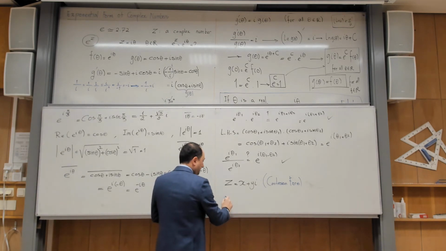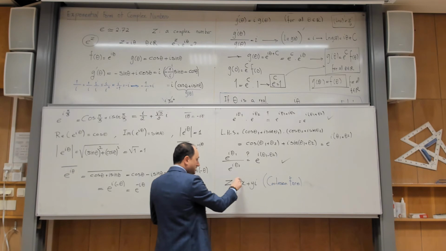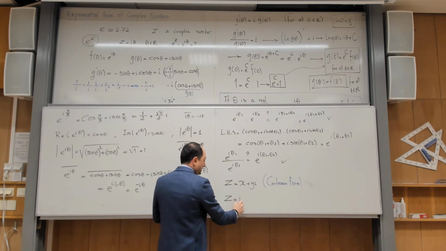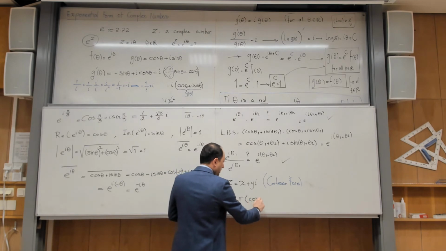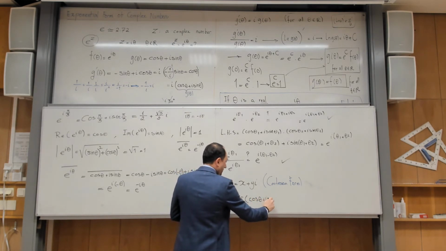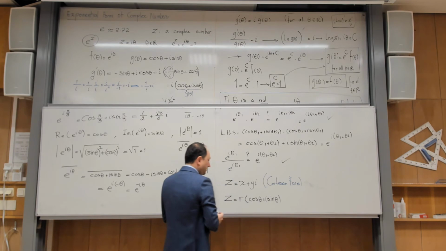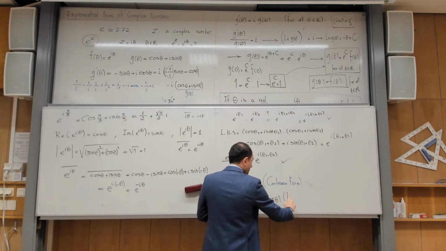Do you remember? The polar form is writing the same complex number in this form: start with r and multiply it by cosine theta plus i sine theta. This is called the polar form, yes?